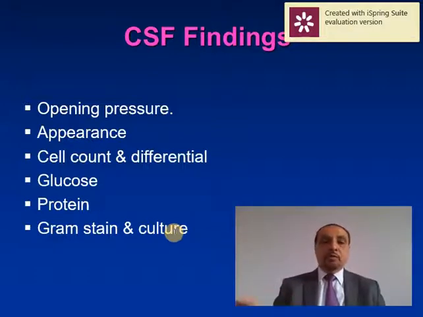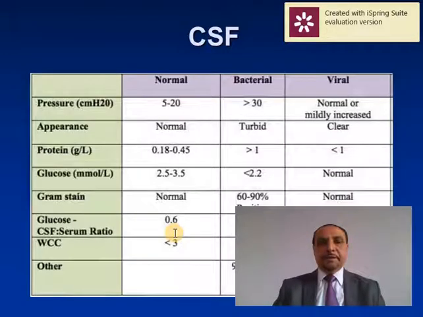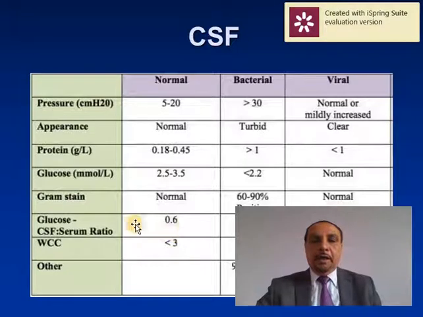This also goes with increased cells and maybe bacterial meningitis. Then we will take the cell count and differential, glucose and protein, and we will do gram stain and culture for the CSF. Regarding the CSF, this is the normal, this is in bacterial infection, and this is in viral infection.